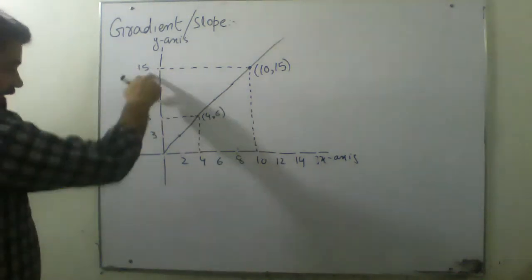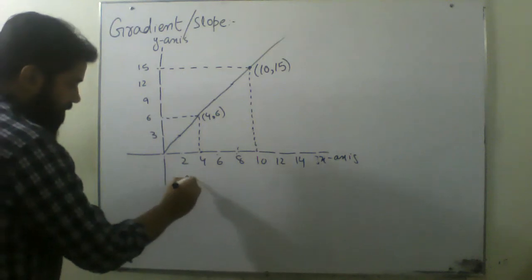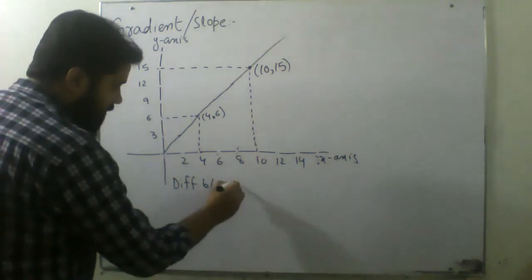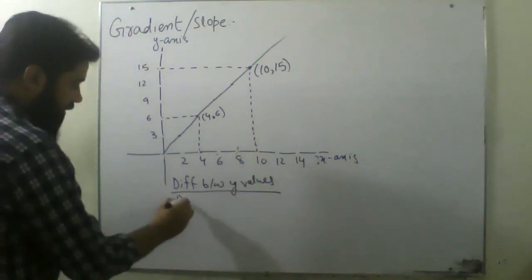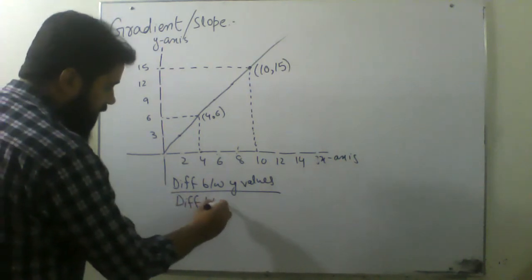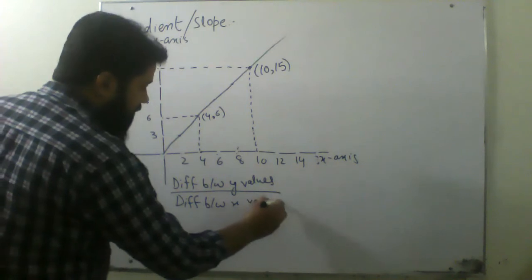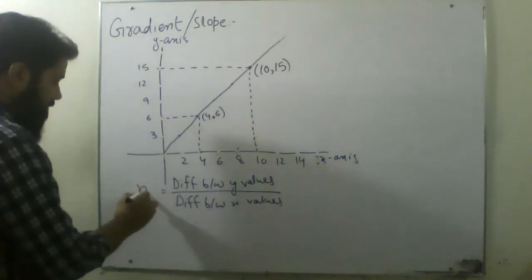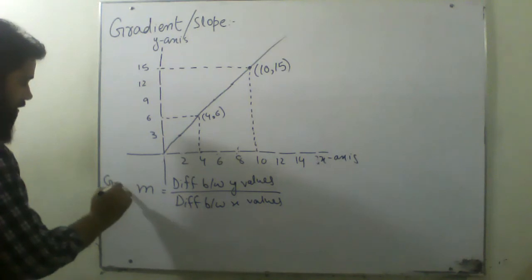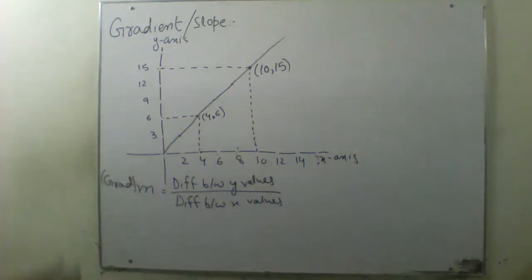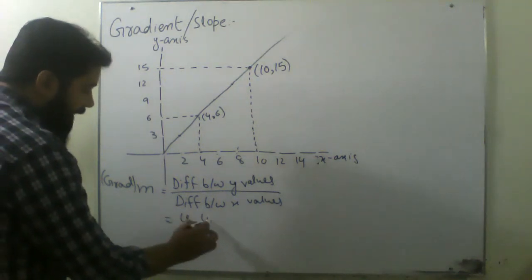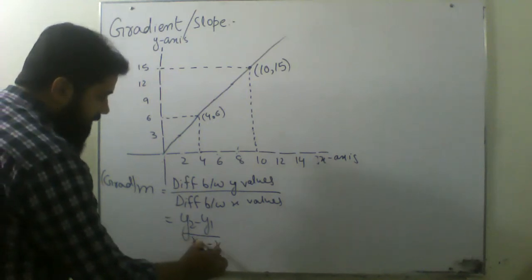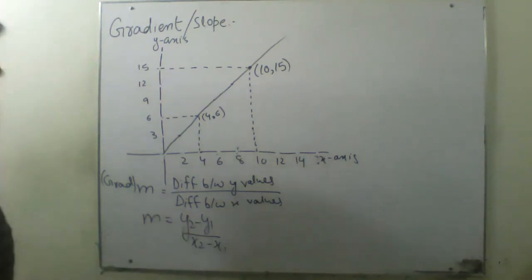The difference between y values divided by the difference between x values is called your gradient. Numerically, as a formula, I use y2 minus y1 upon x2 minus x1. That's the gradient formula, or the slope formula.